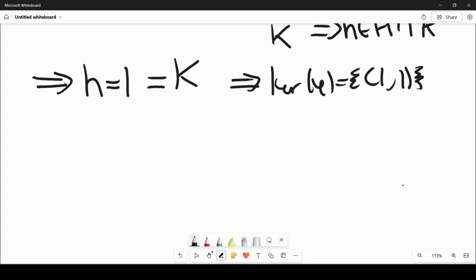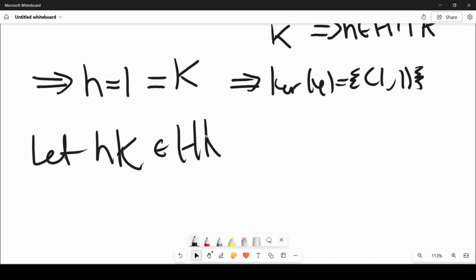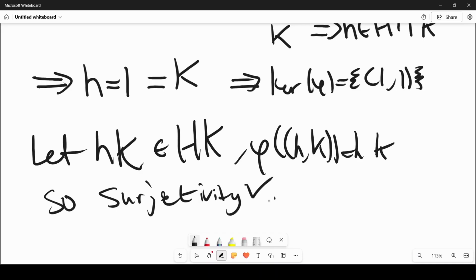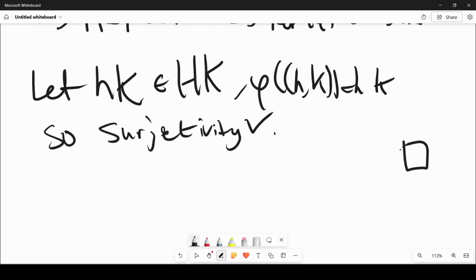Now, for surjectivity, just let hk be in the inner product, and it should be pretty clear to you that φ of (h, k) equals hk, so it's surjective. And thus the function is a homomorphism and it's bijective, so it is an isomorphism. And we've proven an isomorphism between the semi-direct product and the inner product.